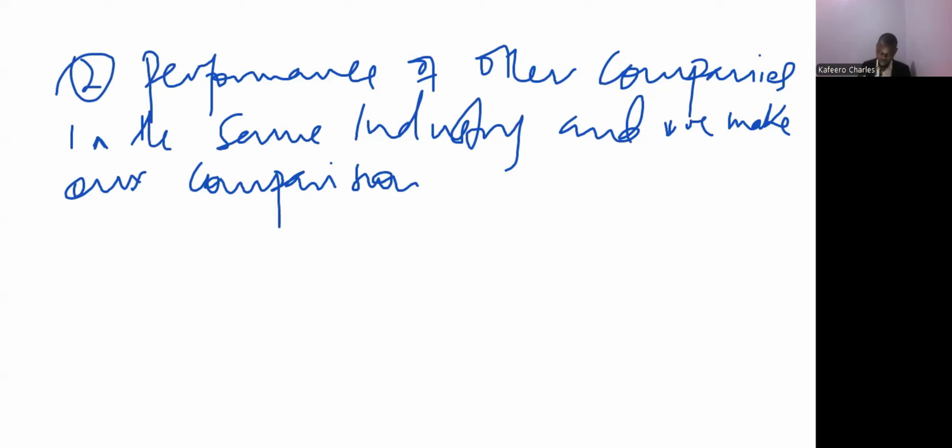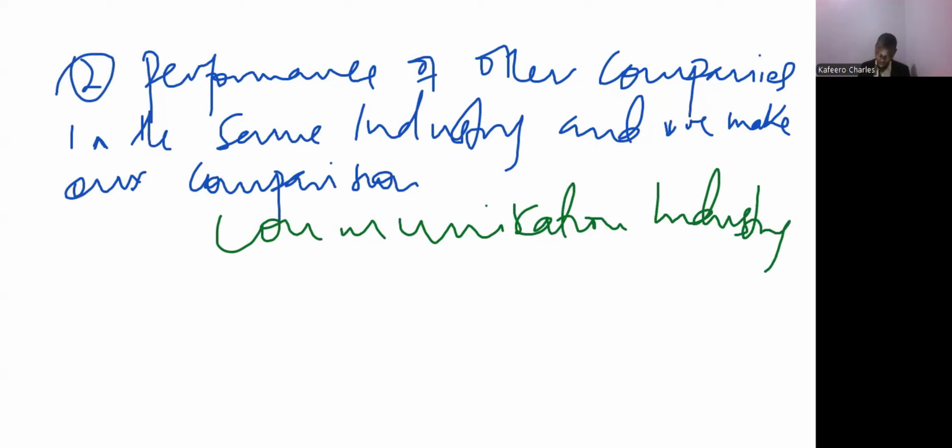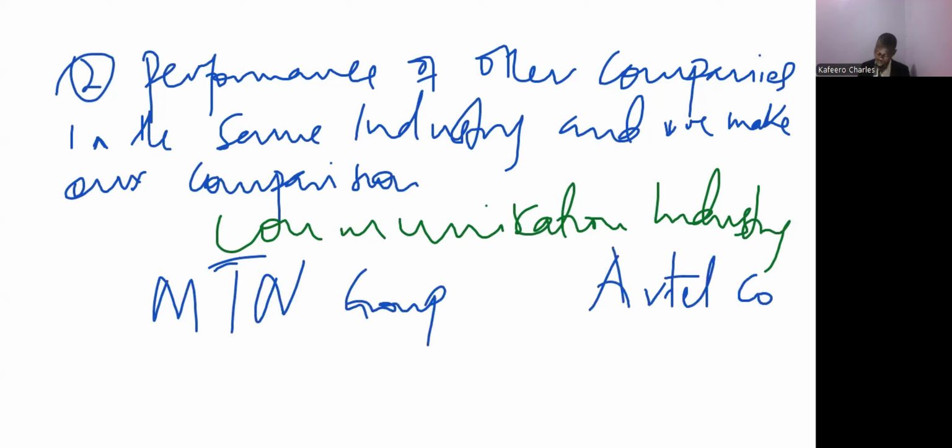So for example, we look at the businesses that are within the same sector. Let's say we are trying to analyze the performance of the communication sector, media houses. We pick out two companies, MTN Group and Airtel.